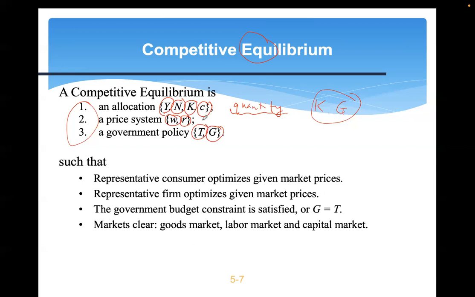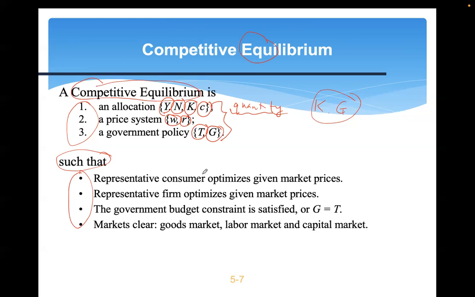There are many possible combinations. But in order to be part of a competitive equilibrium, those numbers need to satisfy the following conditions. So let's go one by one.